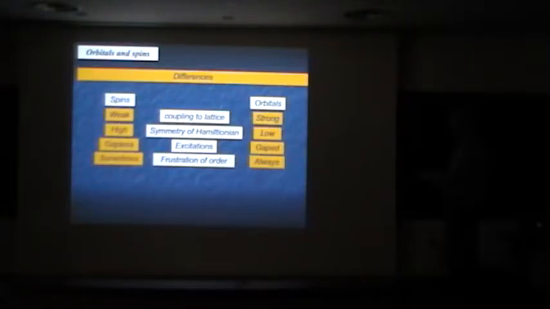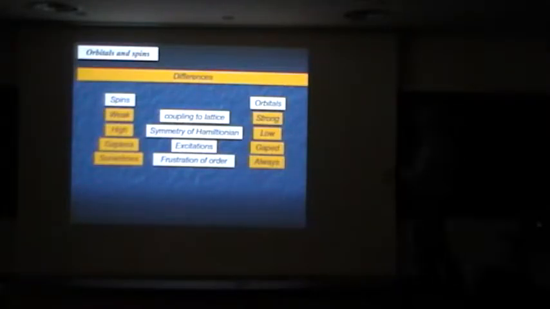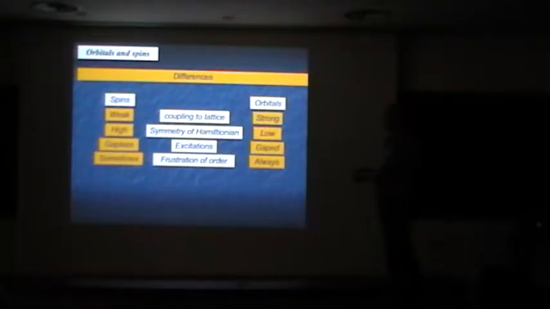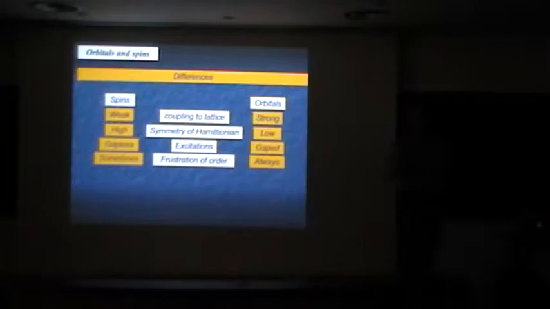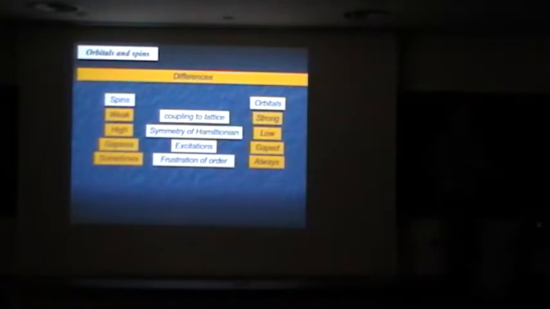And then the last point, that will come in the next lecture, and maybe now also a little bit, the frustration of order. Frustration is of course now a big topic, and we heard about it yesterday, and we'll hear much more about it. Spin Hamiltonians can be frustrated, and that mostly is the case if I consider, for instance, a triangular lattice, so geometrically frustrated situations.